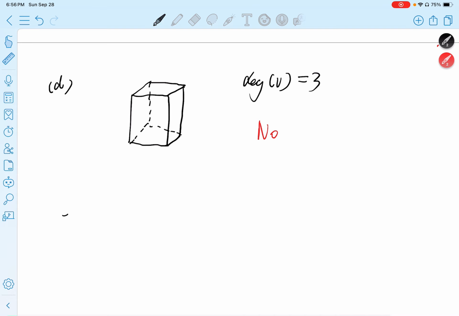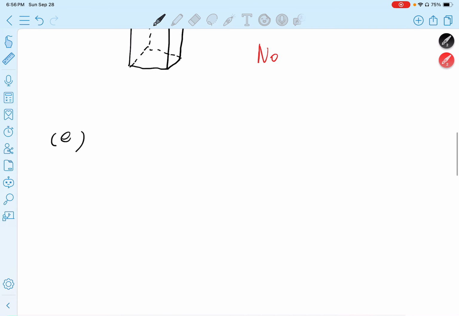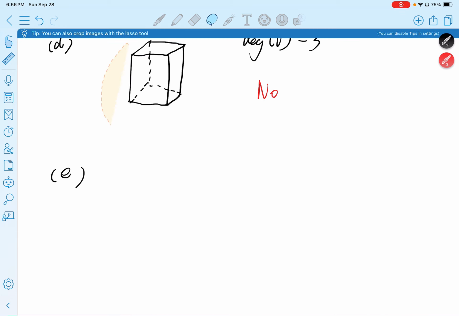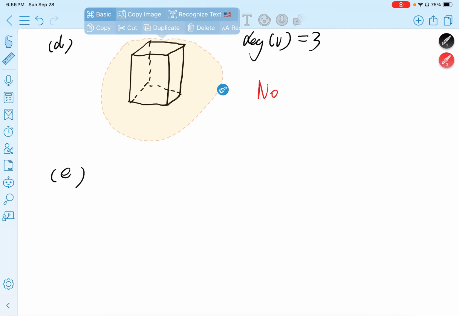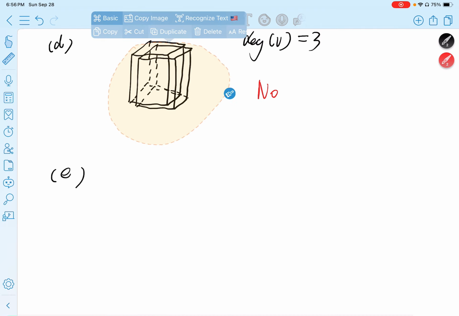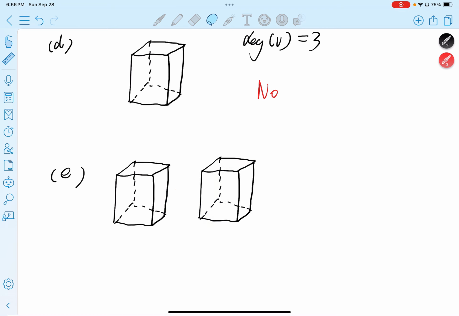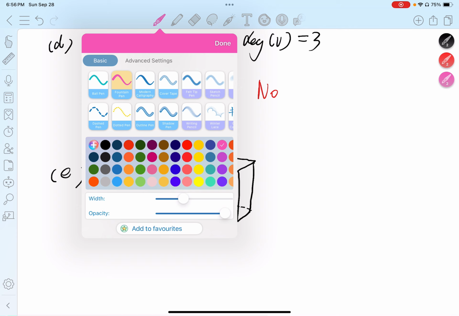Finally, for part E, we have a four-dimensional hypercube. I feel like what's important is to understand how to construct a hypercube instead of just memorizing what the hypercube looks like. The construction step is actually quite similar to mathematical induction. First, we have a hypercube that is one dimension lower. For example, if you want to construct a four-dimensional one, you need to have a three-dimensional one first.